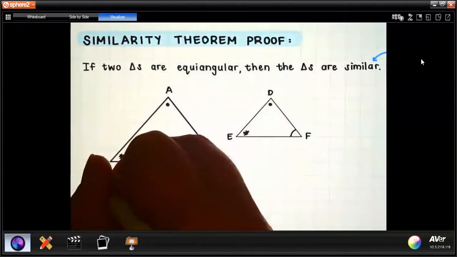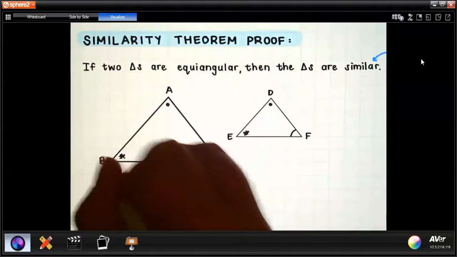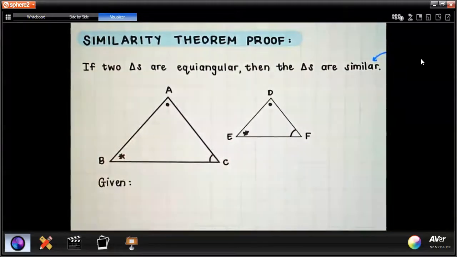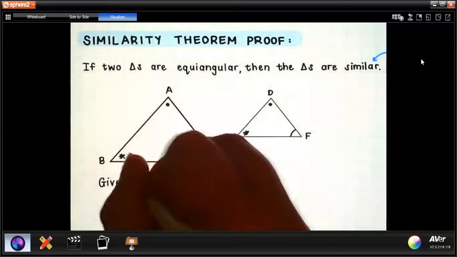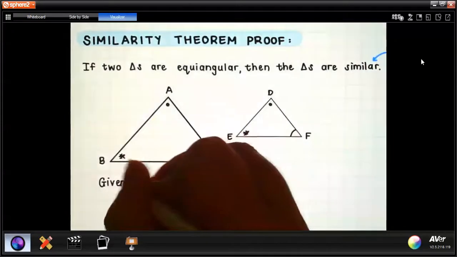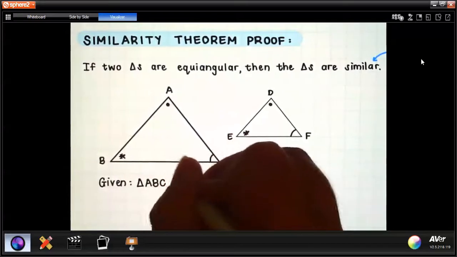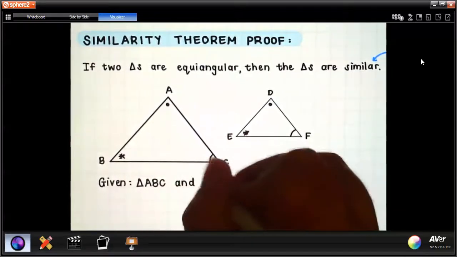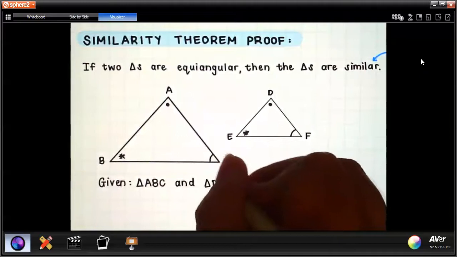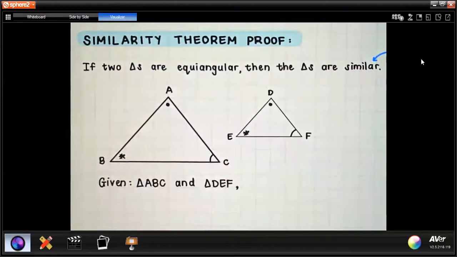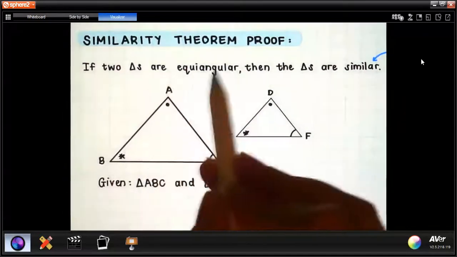So I'm just going to write down here given. So we are going to say that triangle ABC and triangle DEF are given. But it is also given that they are equiangular.